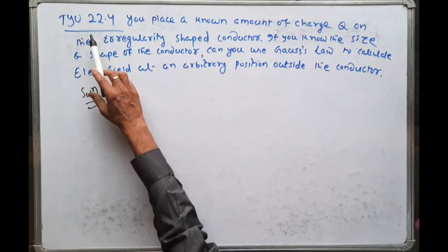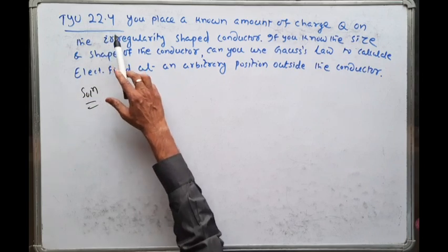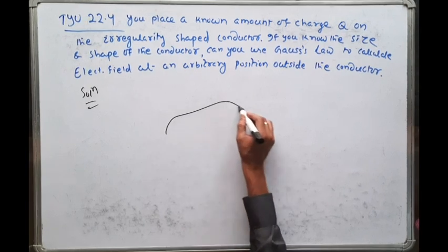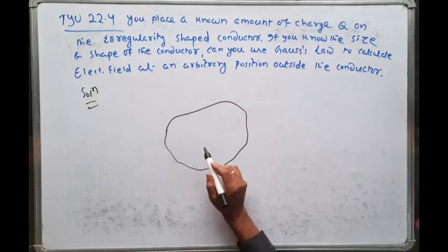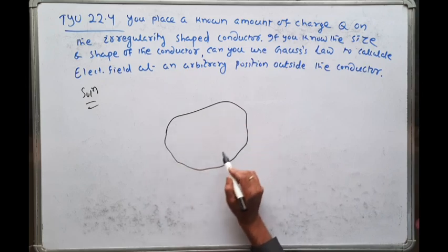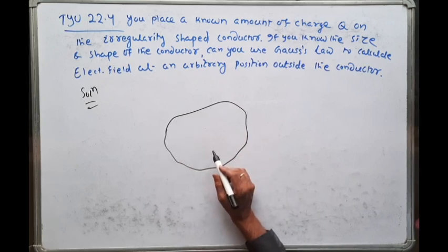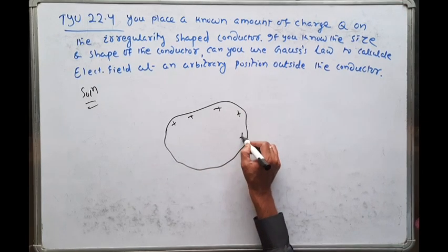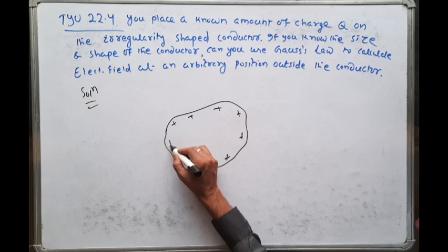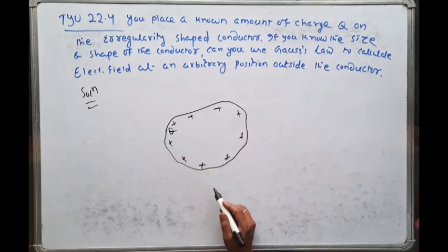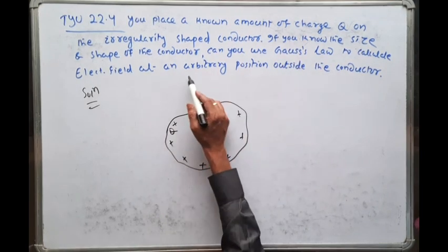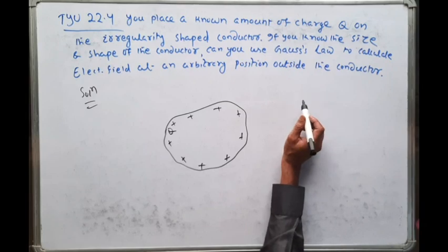We will discuss a test-your-understanding question, 22.4. In the question, suppose you take an irregular shaped conductor, not a regular shaped one, and a total charge Q is given. The question is, can we apply Gauss law to calculate electric field at an arbitrary position outside the conductor?